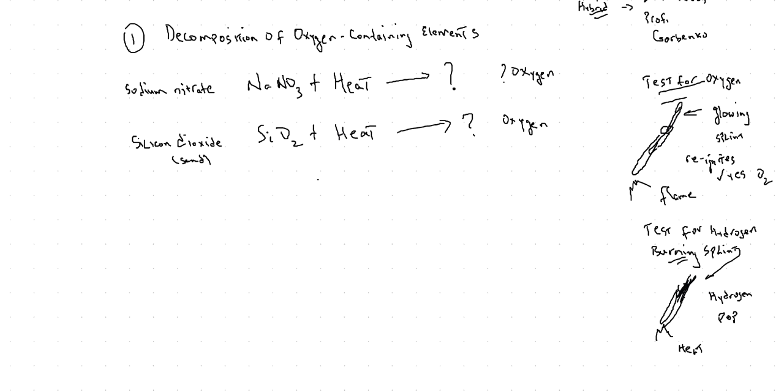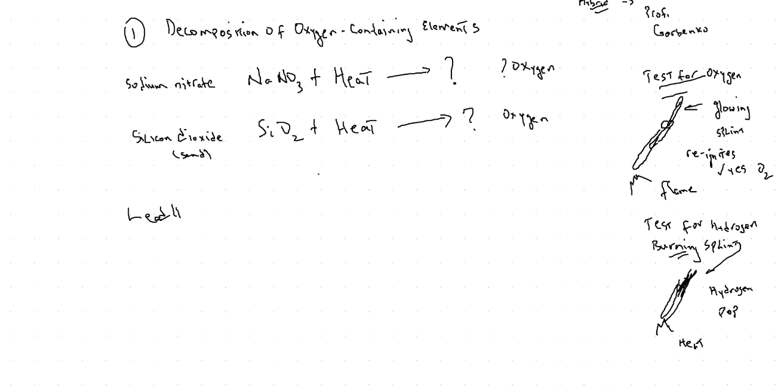The next thing we look at is what's called lead IV oxide. That's a Roman numeral 4.